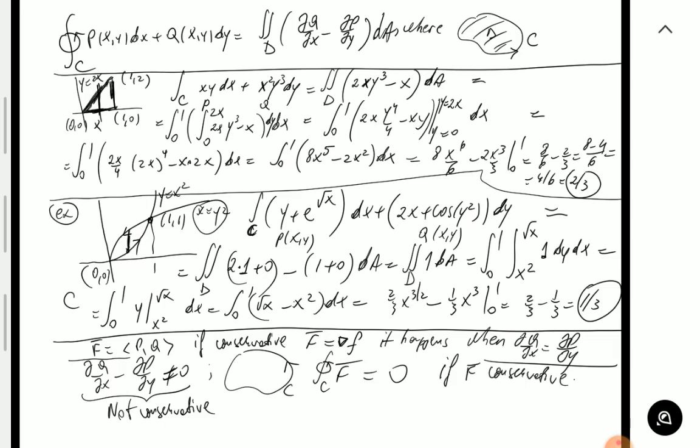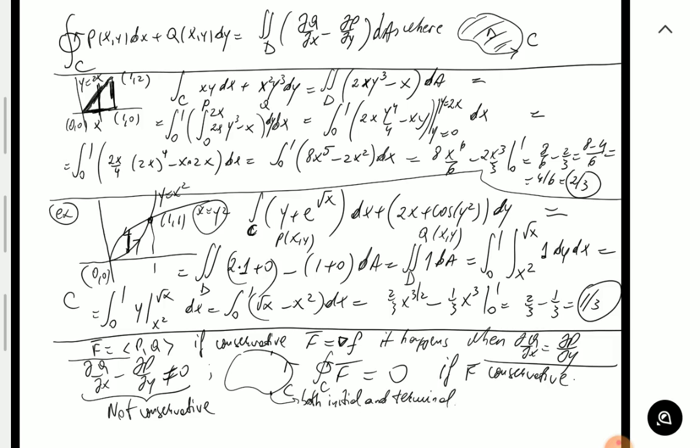Because the integral doesn't depend on the path, and by the fundamental theorem of line integrals, the line integral is going to be the potential of F evaluated at the initial point and the end point. But the initial point and the end point are the same. Pick any point on the curve. That can be both initial and terminal point.